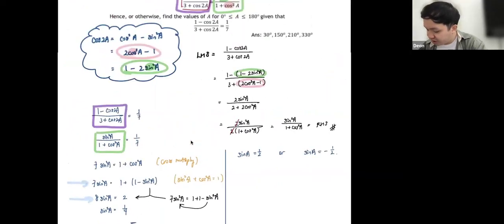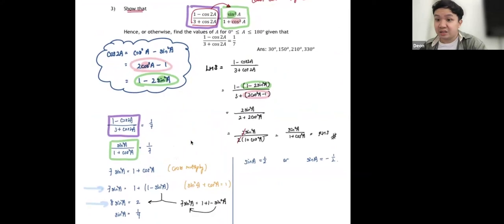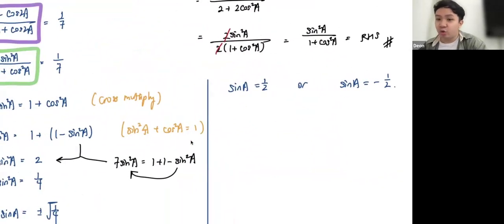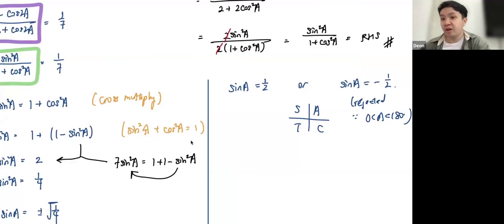So here I got sine A equals half or sine A equals negative half. The question is asking for 0 to 180, which is only within the first two quadrants, so I already know this is rejected. I don't even need to do the second part. If you want, you can do it, but you realize the second part won't give you right answers.